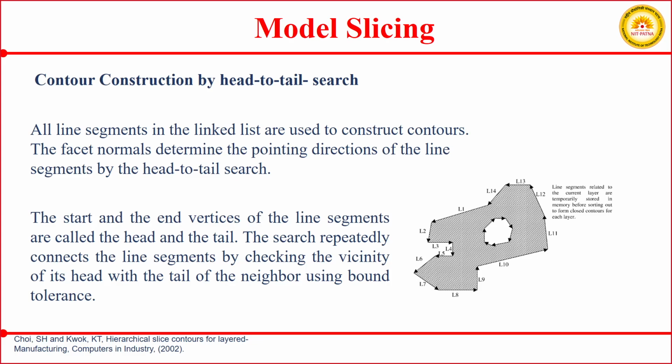In that particular slice data or layer, all the line segments in the linked list, that is the data points you get after slicing, are used to construct your contour.